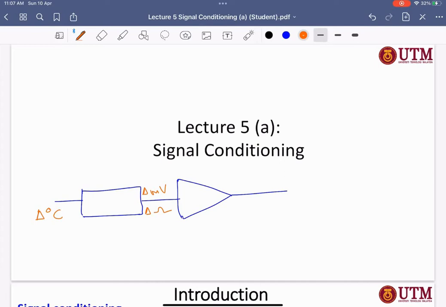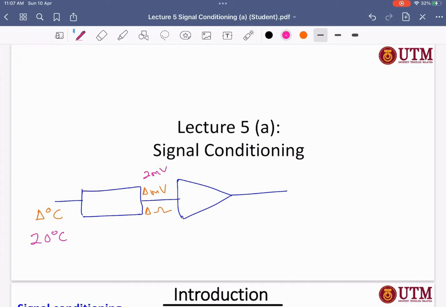Normally for the voltage produced, for example, at 20 degrees we have 2 millivolts. The voltage produced from the sensor itself is very small.